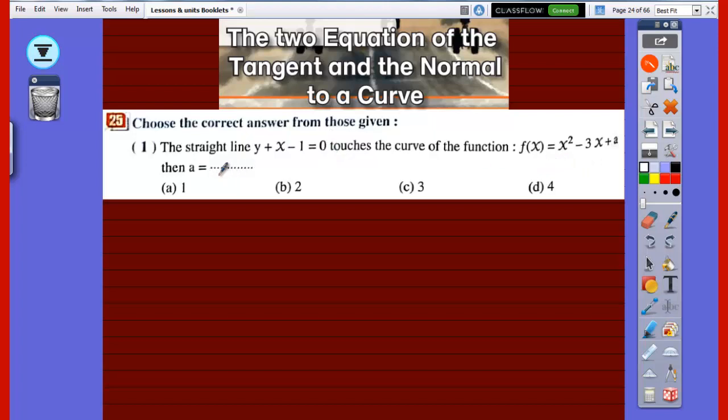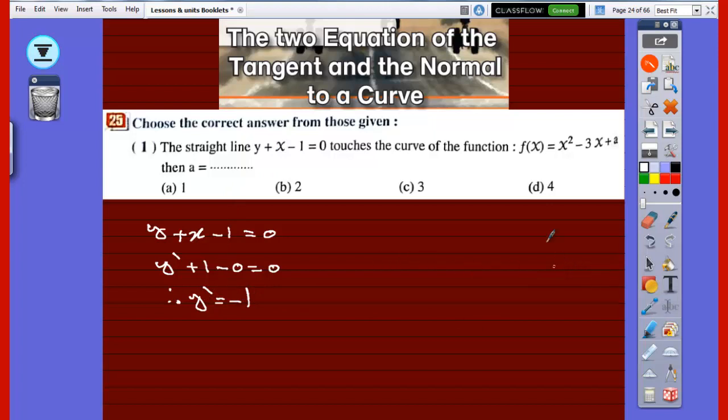So first we will determine the slope of the straight line. y dash plus 1 minus 0 equals 0. It means y dash equals negative 1. So this is the slope of the straight line.